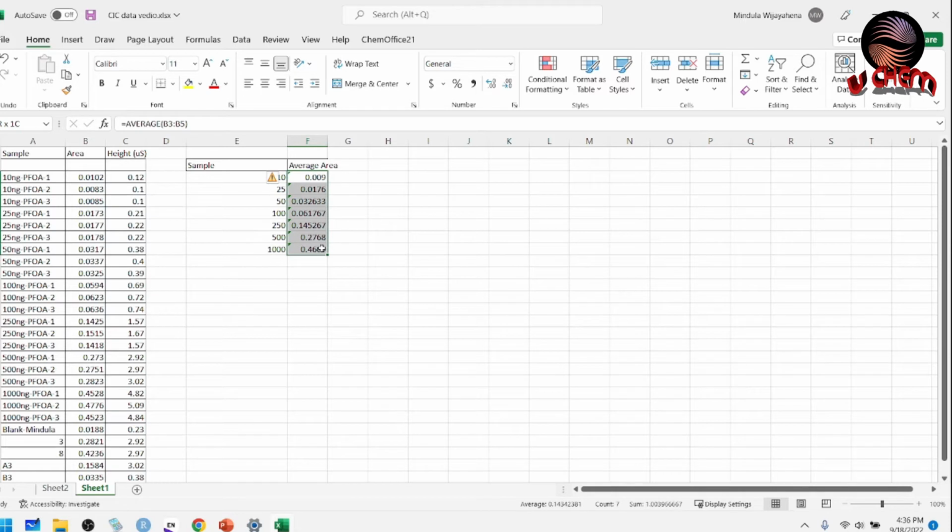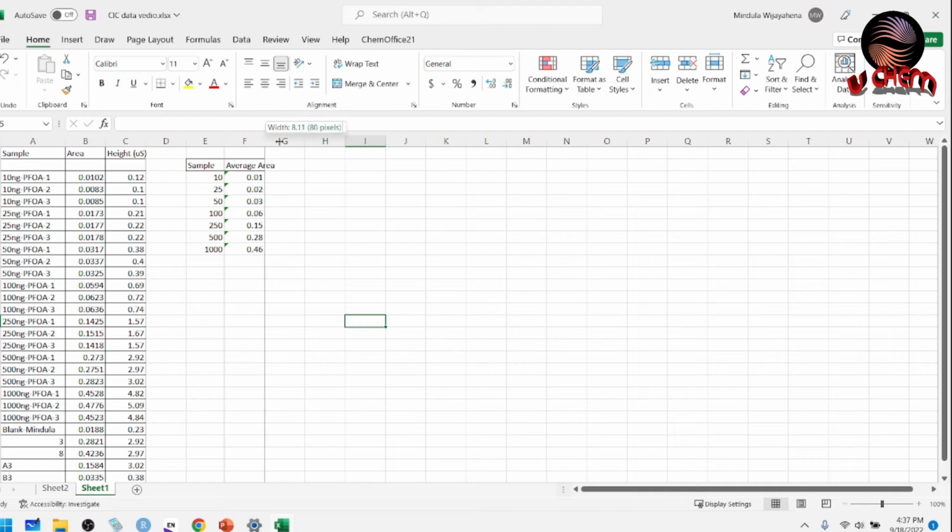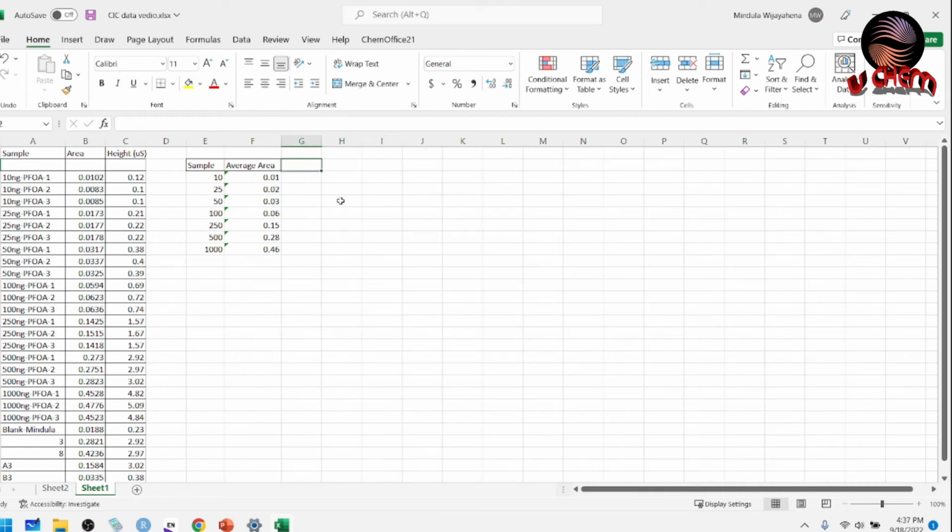Now I don't actually want this number of decimals, so I'm going to go with this. Now it's nice. So I have the sample and the average area, and I'm also going to need the standard deviation.